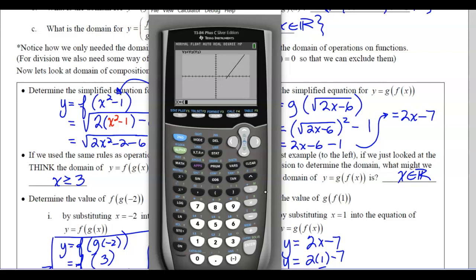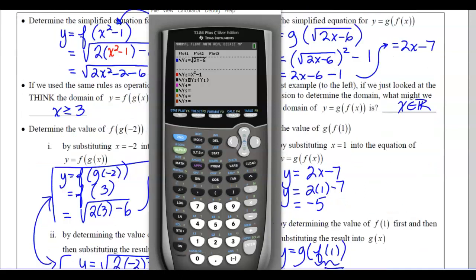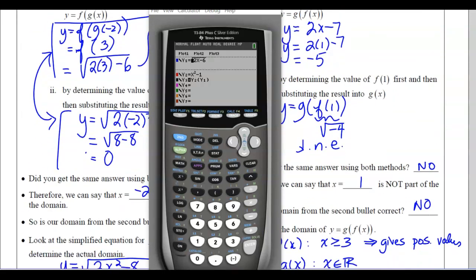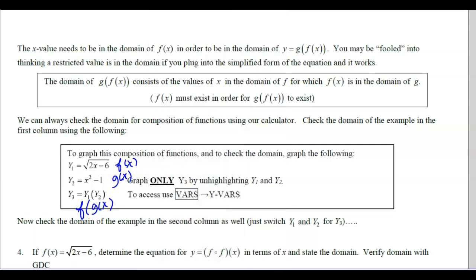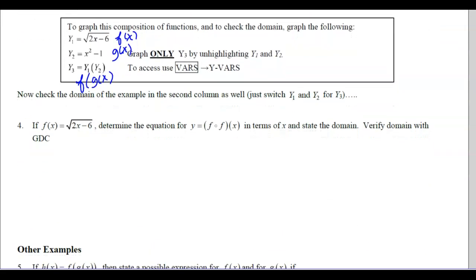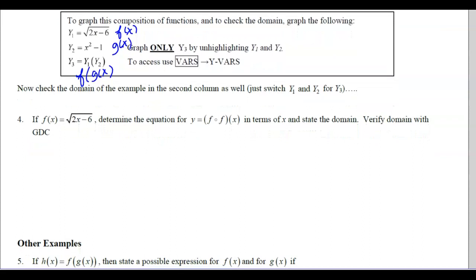I put in the two functions separately, and then I did the composition. That's how your calculator can work. Okay? So that's a really nice thing. So we switched it.